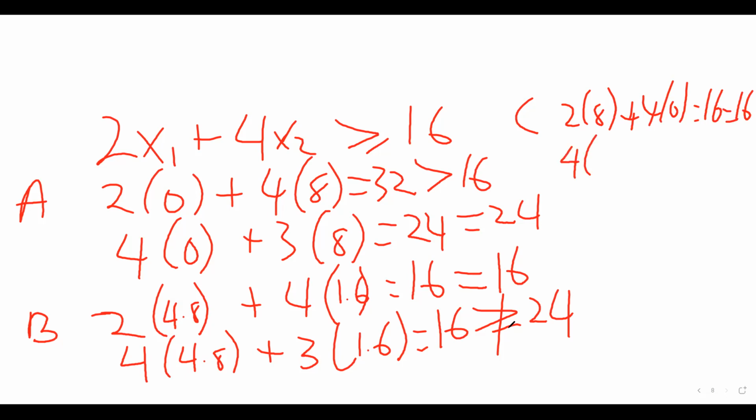I don't know if it is my calculation, but for point B, the 4 into brackets 4.8 plus 3 times 1.6 gave me 24, which is equal to the 24. Oh, you had 24.